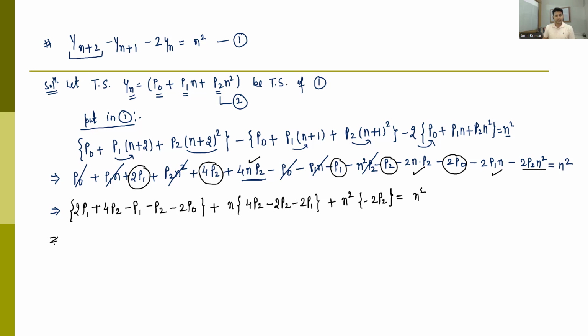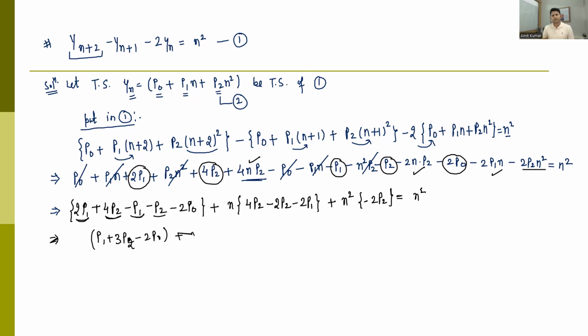Okay, let us see what happened next. So this is 2P1, this is minus P1. So 2P1 minus P1 is P1 only. This is 4P2 minus P2, so plus 3P2, and minus twice of P0. This is what comes with the constant.